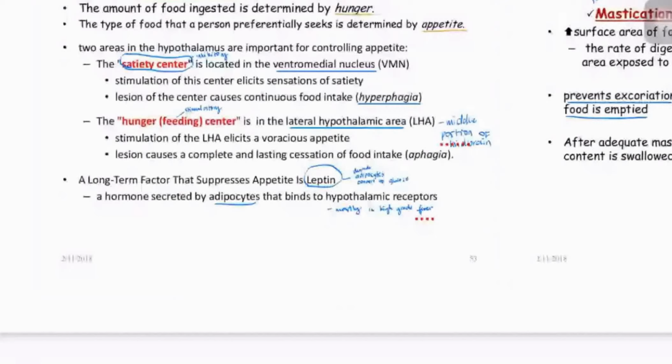So, feeling niya naman busog na busog pa rin siya. Walang kain, kaya yung hunger center niya, hindi na-stimulate. So, that's your satiety center and your hunger center. A long-term factor that suppresses appetite is your leptin. Take note of this word.